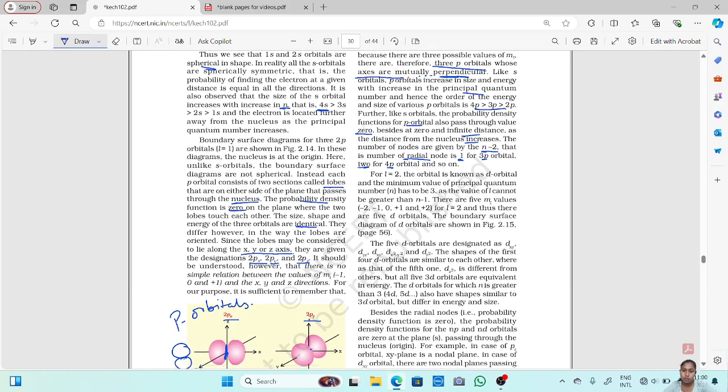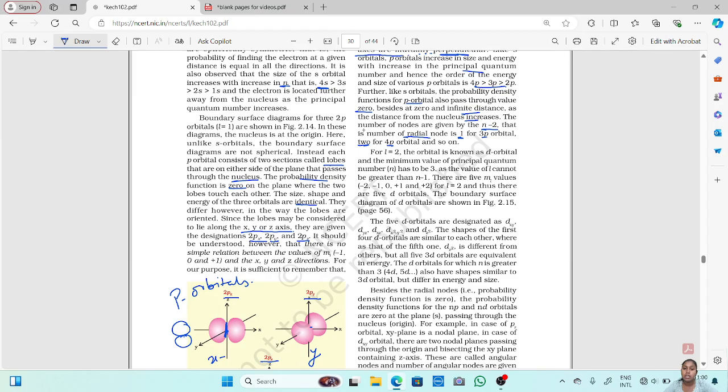Now for l equal to 2, the orbital is known as a d orbital, and the minimum value of the principal quantum number n has to be 3. The d orbitals start from principal quantum number 3, because the value of l cannot be greater than n minus 1.